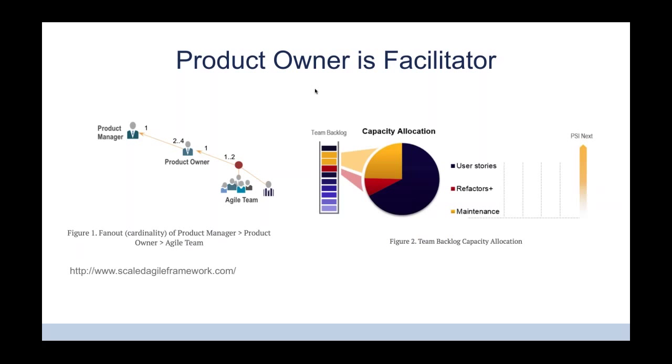And I like the definition of a product owner as it is defined in the Scaled Agile Framework and the relation it has to product managers and to Agile teams, where the product owner is really more a facilitator who ensures that the business vision, the business needs are properly translated down the stream to the developers and Agile teams, but at the same time, the product owner is able to articulate the technical needs, the architecture needs up to the product management. So when speaking about requirements, I would clearly highlight that the product owner really needs to bring these two worlds together.